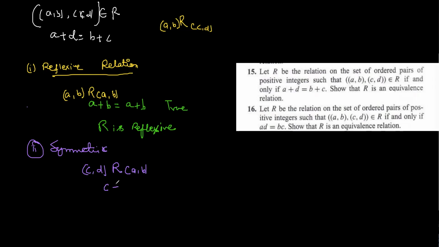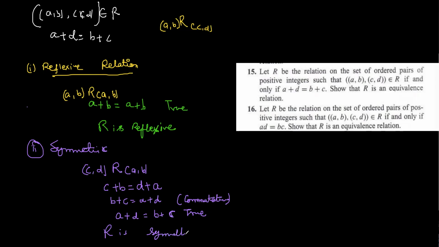So here you can write C plus D is equal to D plus A. By commutative property, you can write B plus C, A plus D. Similarly, A plus D equal to B plus C. Commutative property. So this is also true. R is symmetric. Understood?